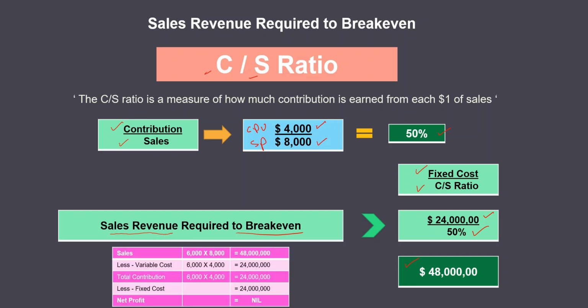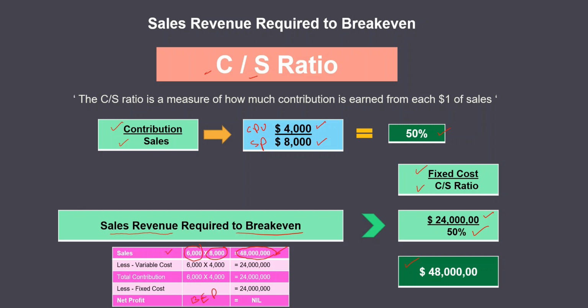Now let's quickly cross-check this 48 million with our previous example. So basically, our sales revenue was 48 million. So we calculated the break-even point in units, 6,000 units times 8,000 per unit selling price. So in order to achieve the break-even point, you have to make sales of 48 million.